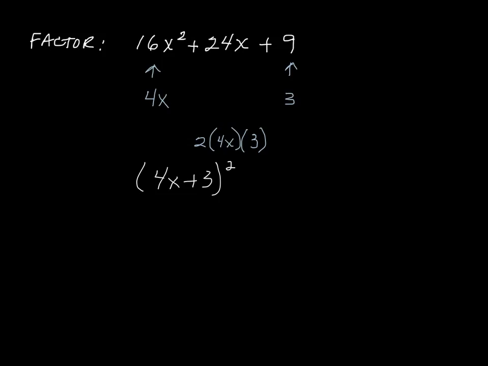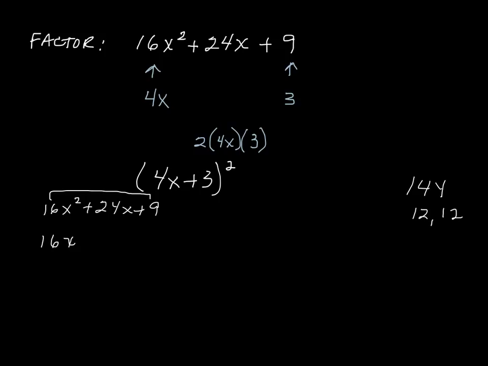But if you don't recognize it, you still can do the grouping. You say, well, 16x squared plus 24x plus 9. Multiply the 16 times the 9. That's 144. What two numbers multiply to 144 but add to 24? Well, that's 12 and 12. So rewrite it: 16x squared plus 12x plus 12x plus 9.